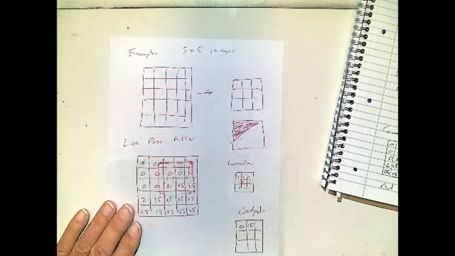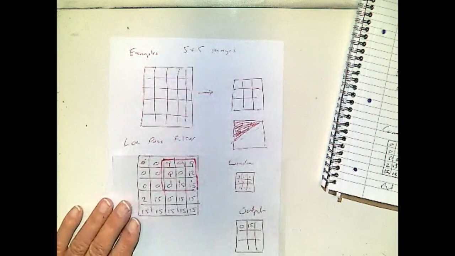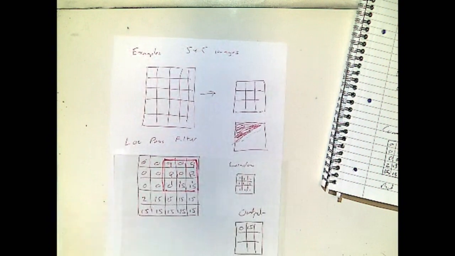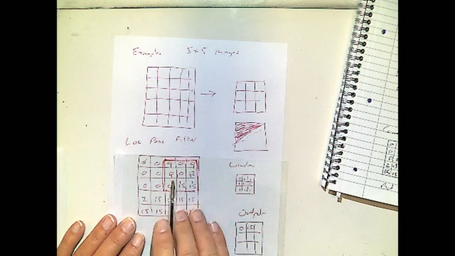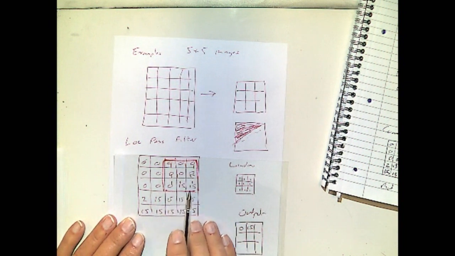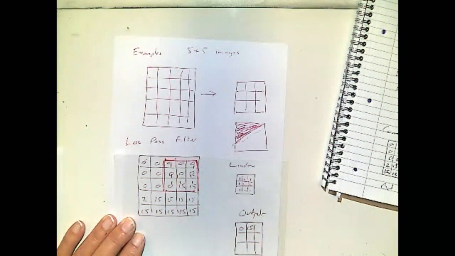And move it over to the third position. What's the correlation there? 50? No. 42. 1 times naught plus 1 times naught plus 1 times naught, 1 times 12, naught, 15, 30, 42. Yes?